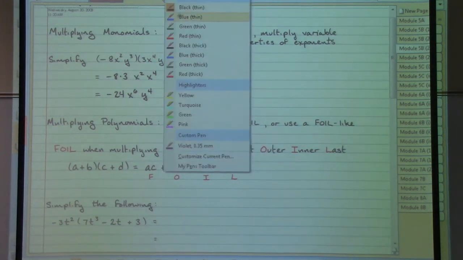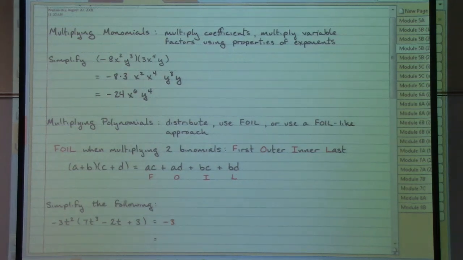So the negative 3t squared times the 7t to the power of 3, the negative 3t squared times the minus 2t from the middle, and the negative 3t squared times the 3 at the end of our set of parentheses.